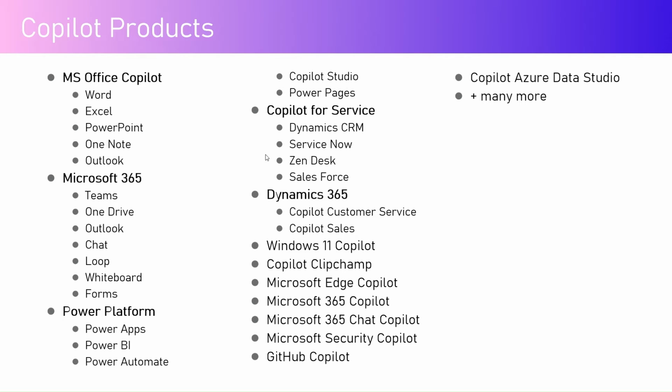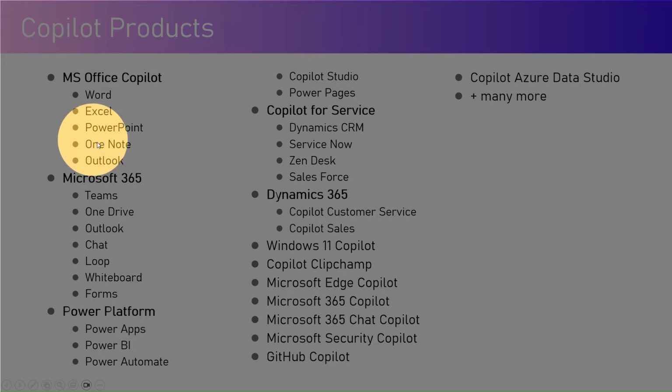Now, Copilot. Microsoft has implemented Copilot in multiple Microsoft products. I have listed down some of the products. I would say this is just 50% of the list, or maybe 30% of the list. Microsoft has started rolling out Copilot functionality in various products.